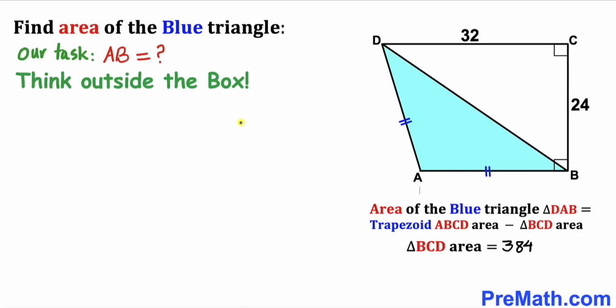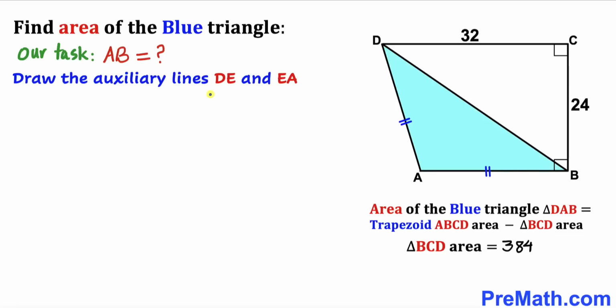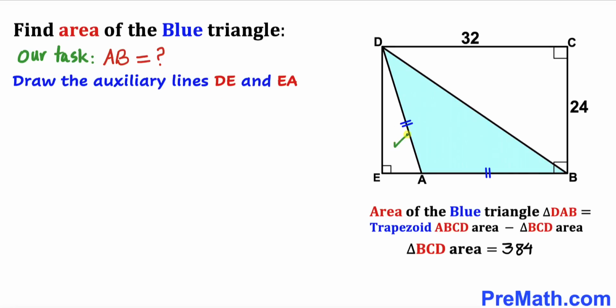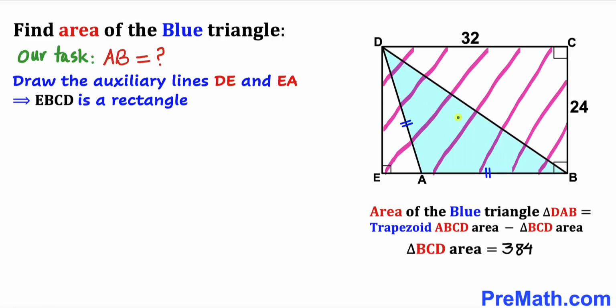So we are going to be creative and think outside the box. We are going to draw some auxiliary lines, as you can see in this next diagram. We have drawn these auxiliary lines DE and EA, such that this angle DEA is 90 degrees. As a result, we got this rectangle EBCD.